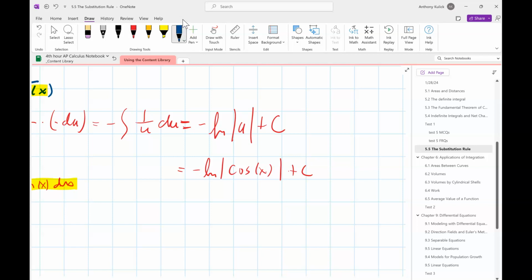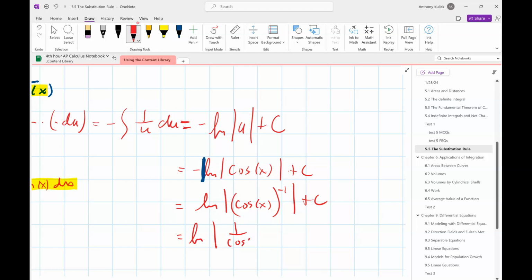Who remembers their rules for logarithms? Not me, that's for sure. So I'm going to imagine that's a -1 as my coefficient there. What's a coefficient in a logarithm equal to? An exponent inside the logarithm. That's right. So what's cosine to the -1 equal to?